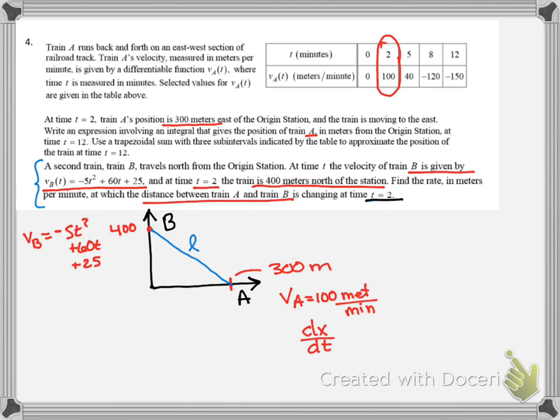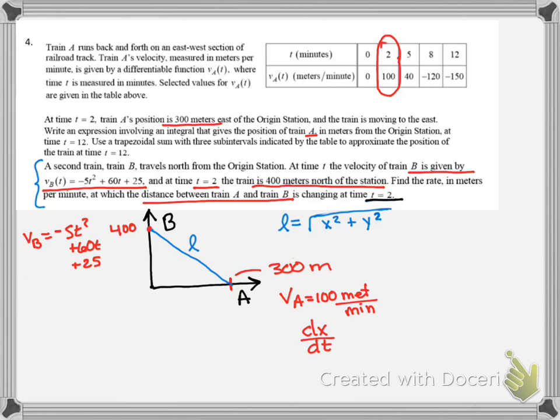So now we finally have to come up with a base equation. Our base equation is the square root of a squared plus b squared, or we'll go ahead and use x squared plus y squared just because that's kind of how we've got this going so far.